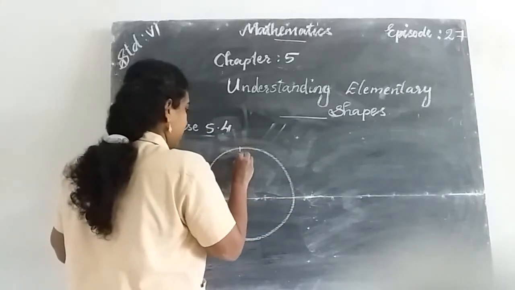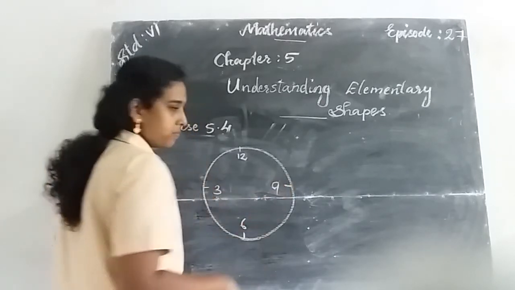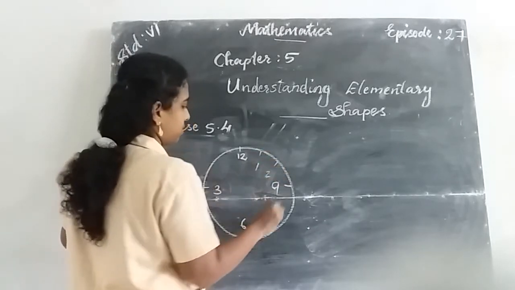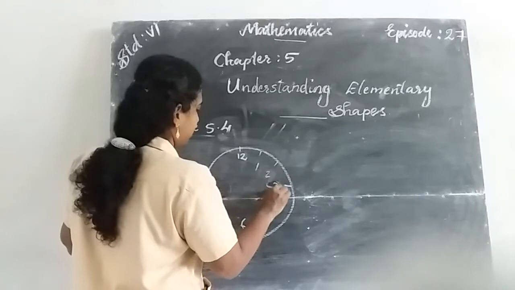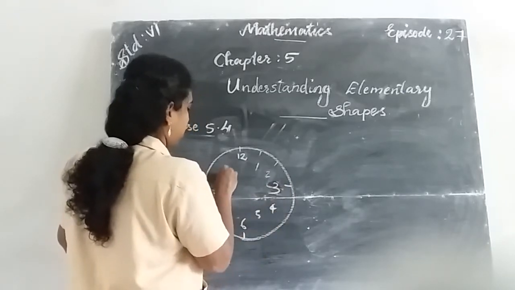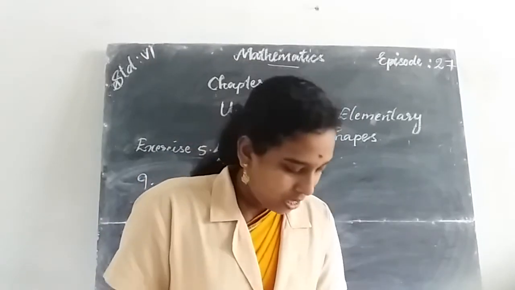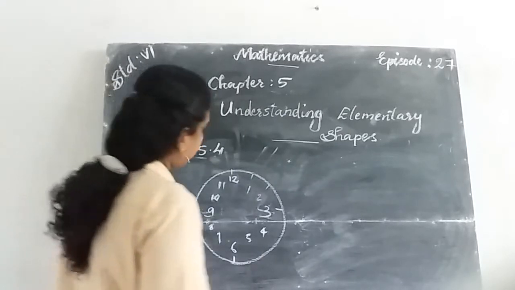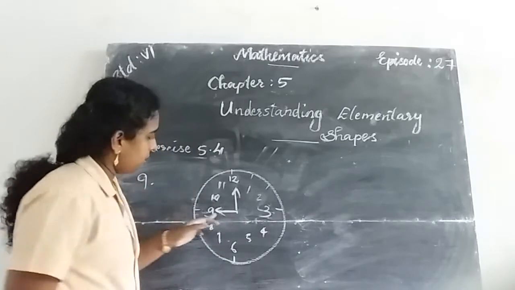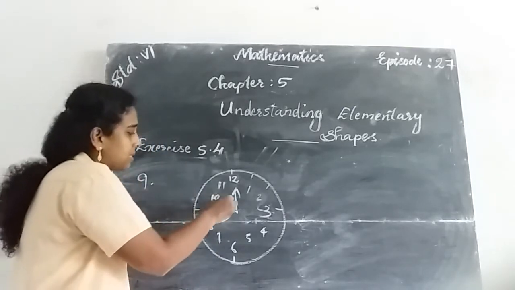So the first question, the hands are at 12 and 9. Which type of angle is this? Yes, it's a right angle.